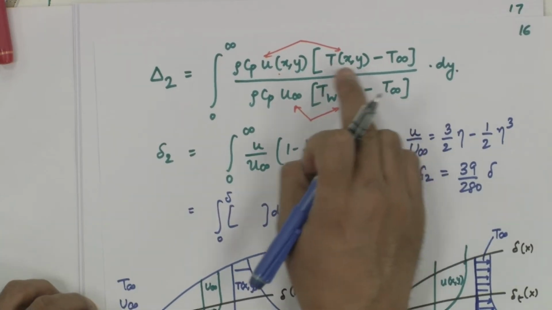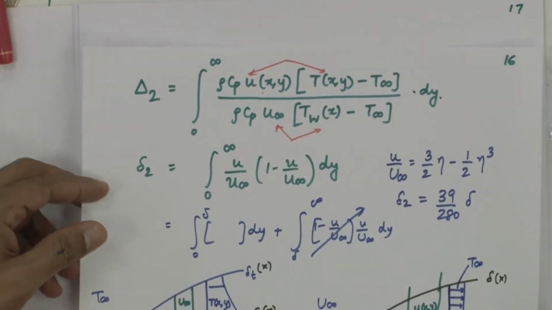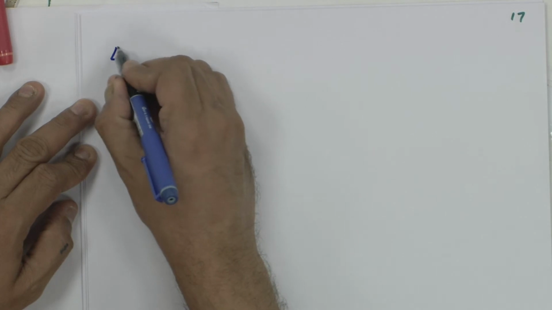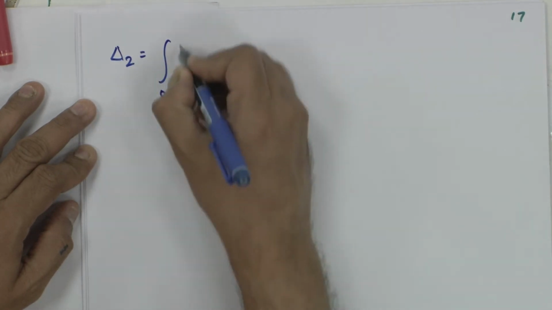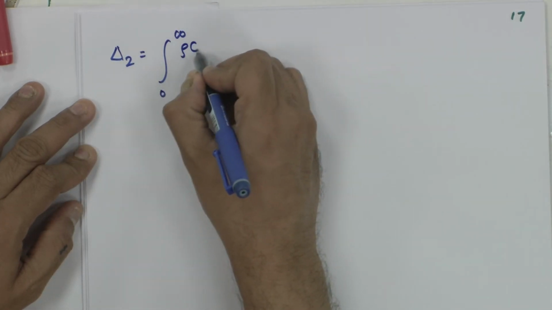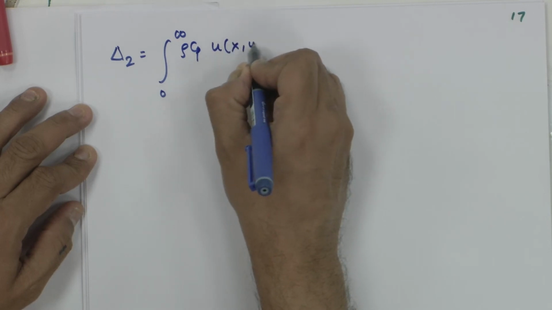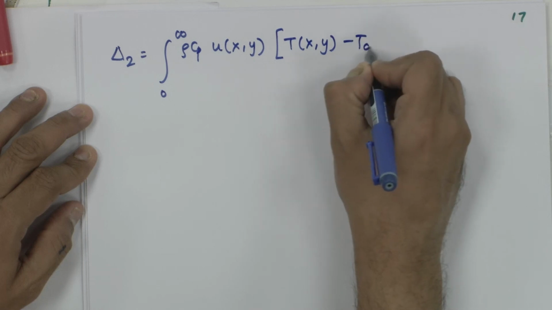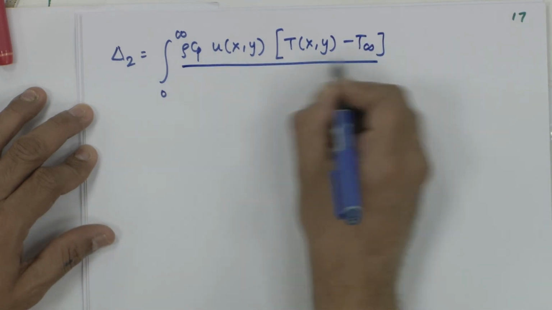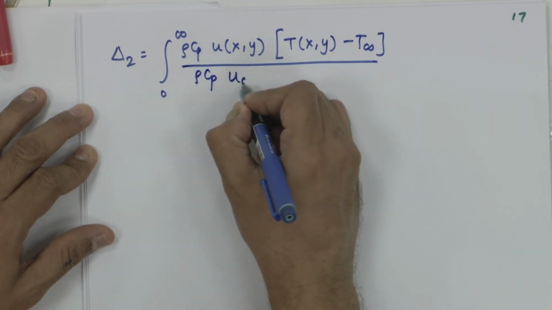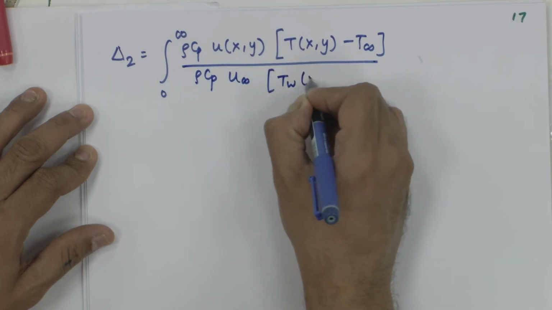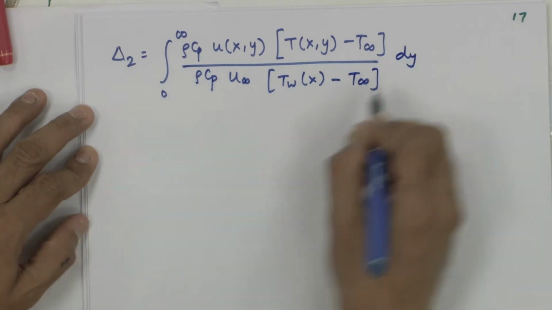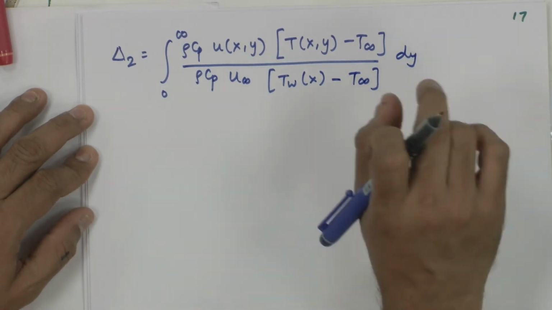U of x comma y times delta T. So, this definition, delta 2 equals the integral from 0 to infinity of rho Cp u(x,y) times T(x,y) minus T infinity, divided by rho Cp u infinity times T wall of x, I am putting, it can be constant, dy. This has to be split into 3 parts.